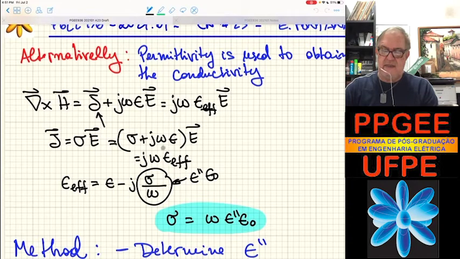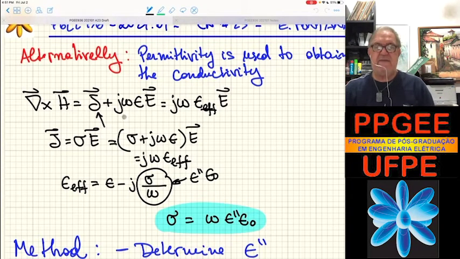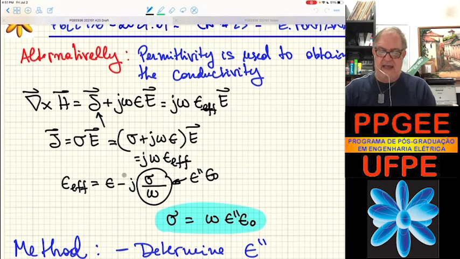So I can call this a j omega epsilon effective, to write it down like this, as if the material didn't have conductivity. You can attribute all the transport properties to this effective permittivity here. So if we determine the effective permittivity, it's going to be epsilon, and sigma divided by j omega is minus j sigma over omega.